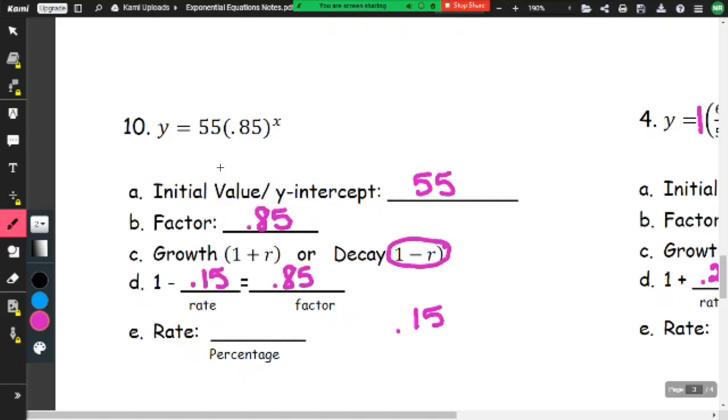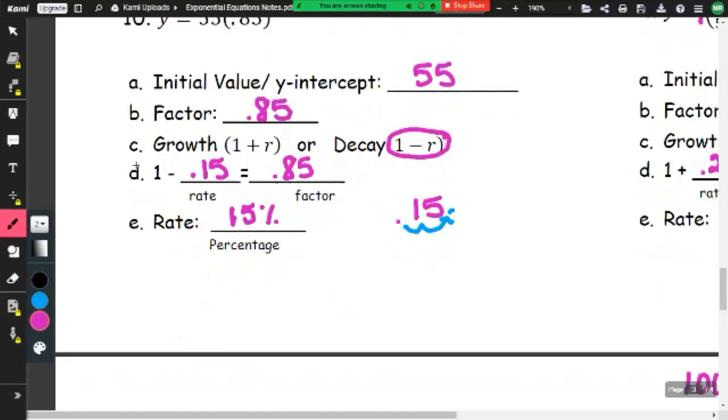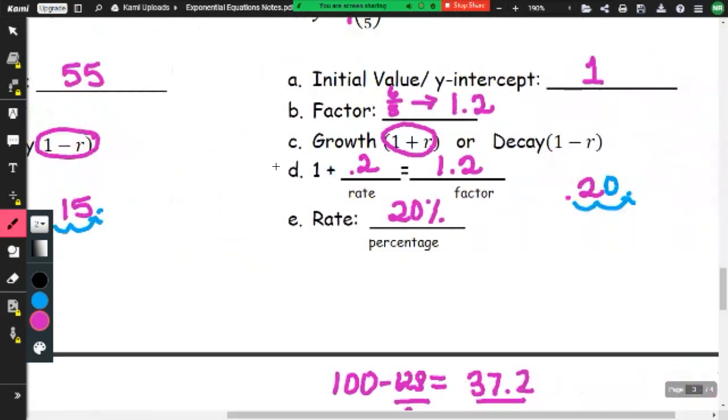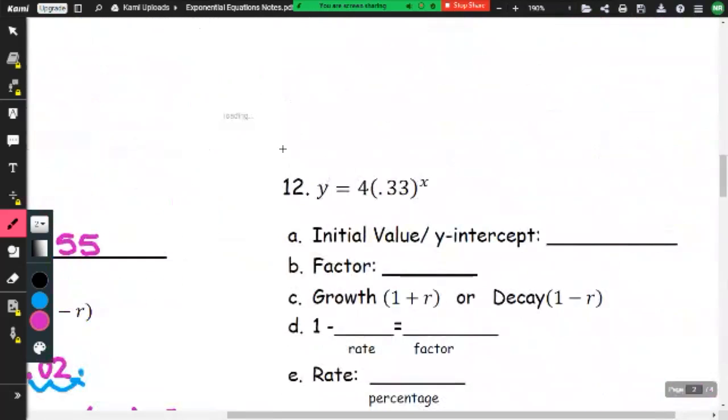Let's convert the 15 to a percent. And what do we get? 15%. Good. Pretty quick, pretty simple. Even though this is pretty straightforward, I've had a lot of people make mistakes. So please move the decimal. Even though you know you could do that in your head, move the decimal anyway. You'd be surprised how many mistakes I've seen today.